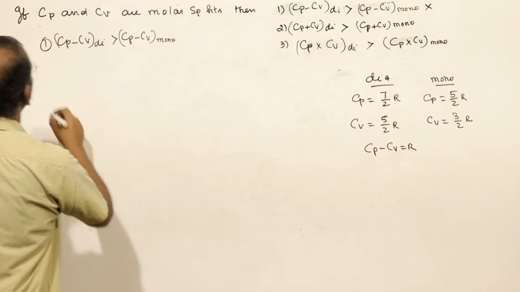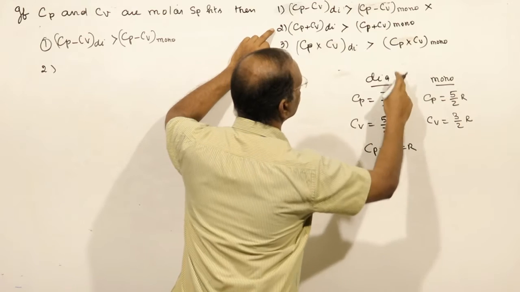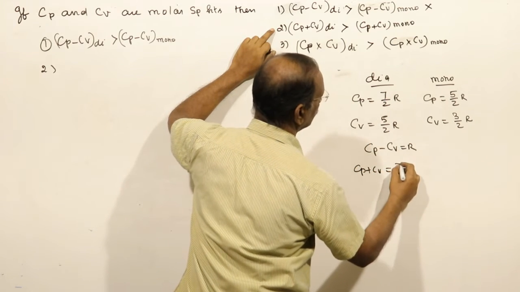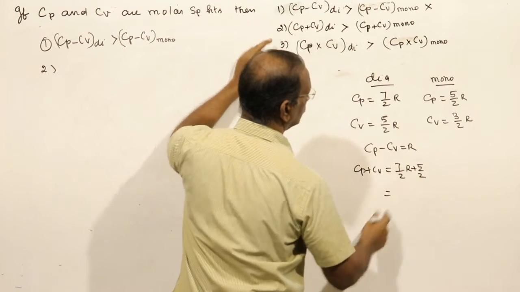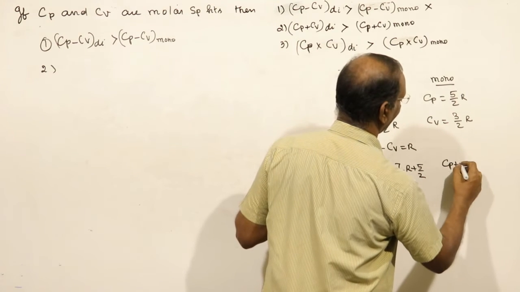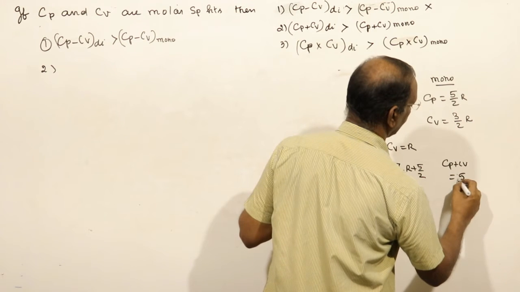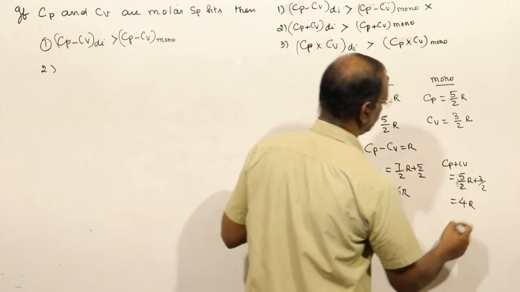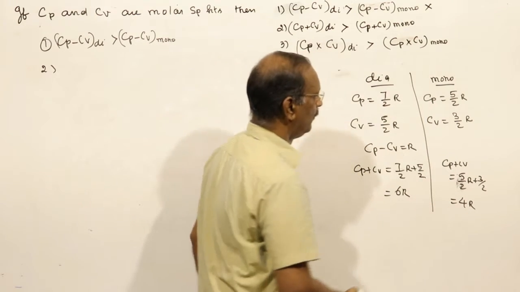Second question, Cp plus Cv of diatomic. Cp plus Cv is equal to 7 by 2 R plus 5 by 2 R, which is 12 by 2 R, 6 R. And Cp plus Cv for mono is equal to 5 by 2 R plus 3 by 2 R, which is equal to 4 R. So this is for diatomic, this is for monoatomic.